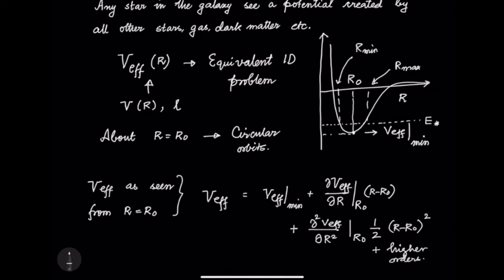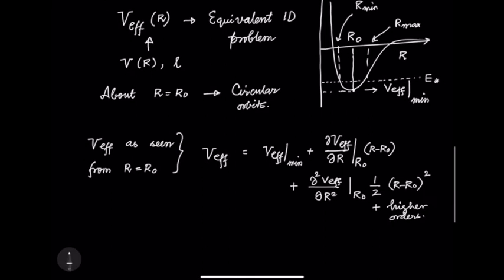Now you see that the first term doesn't matter. This is irrelevant because we are doing classical mechanics, and the absolute value of the potential is not important. The second term, del V effective del R, is essentially 0 at V effective minimum, because that is the definition of a minimum. So this is 0.